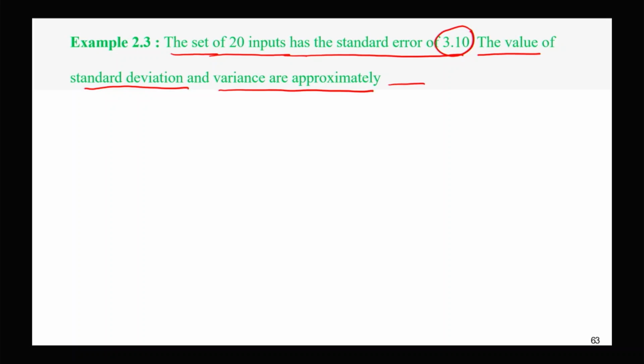The requirement is to find the standard deviation. The standard error of the mean is given, and we have to calculate the standard deviation and variance. Variance is nothing but the square of the standard deviation, so variance is standard deviation squared.